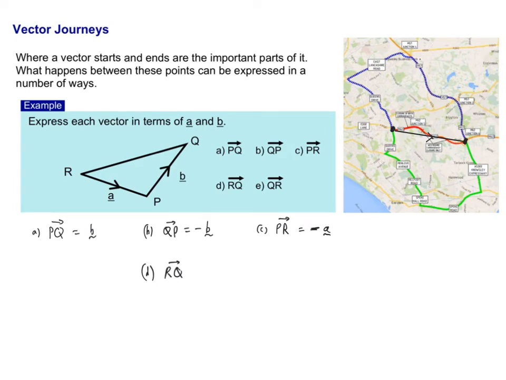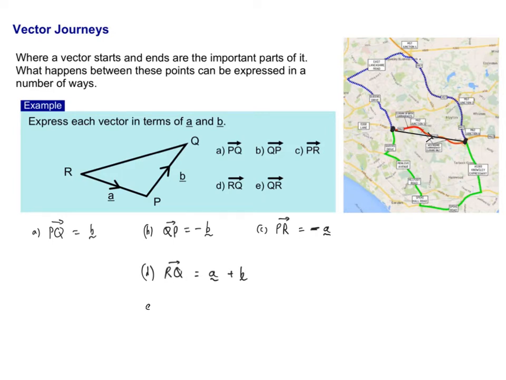So to get from R to Q, only using A and B, I'm going to have to go along A, then I'm going to have to go along B. So my journey can be described as the vector A plus the vector B. Because remember, when we've got vectors added together like this, head to tail, they're being added. So to get from R to Q, I've got to go down here and then down there.